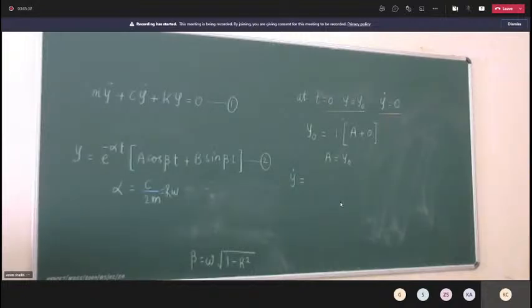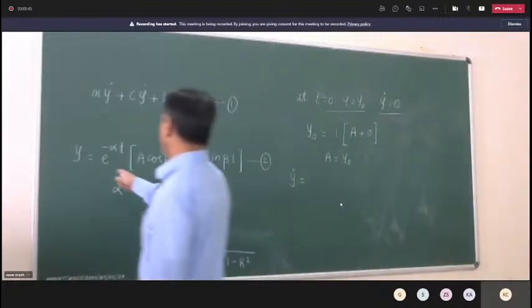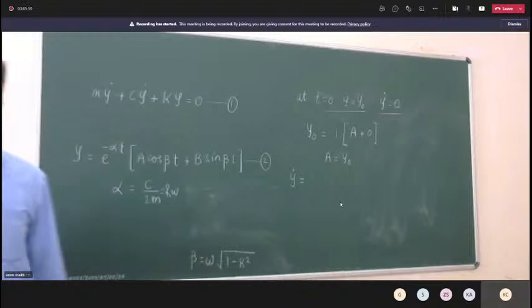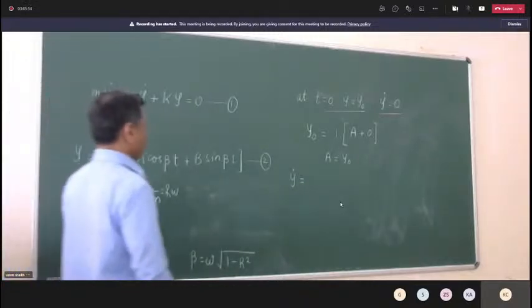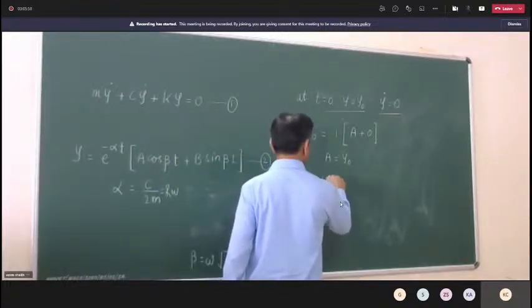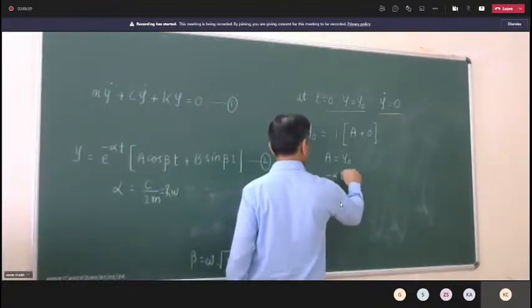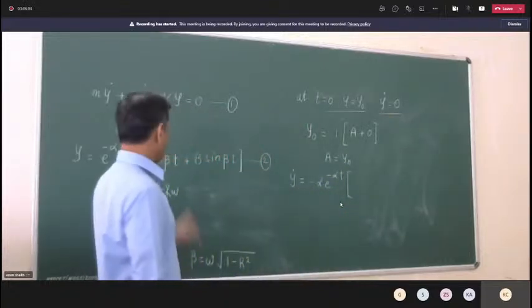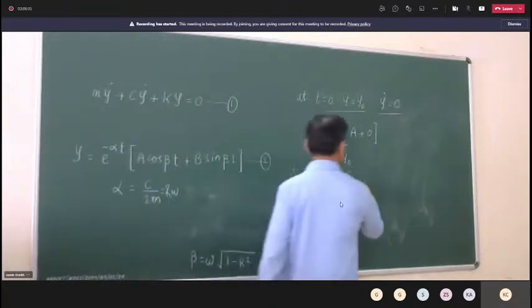This was the derivative. Now you have to use the formula of derivative u into v. The derivative of e raised to minus alpha t is minus alpha e raised to minus alpha t. That is du into v, as it is first.